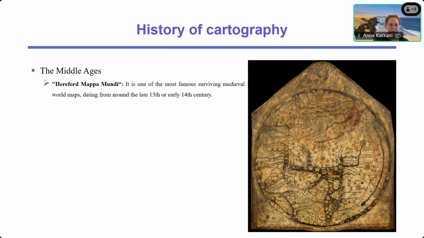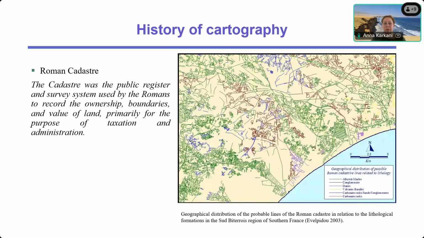Okay, and it is located nowadays somewhere in England. Then if we look a little bit at the Romans, they were very interested in documenting property registries. So one very characteristic example of cartography is what we call the Roman cadastre.